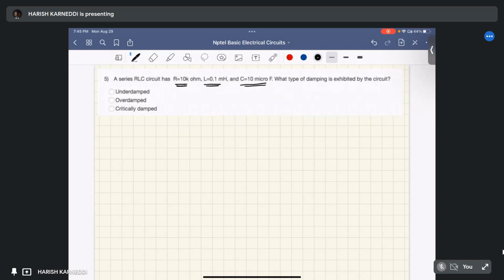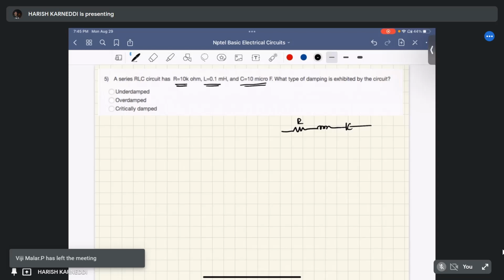Here, the circuit is connected in series: R, L, and C connected in series. Let the current be I. What is the voltage in this loop?